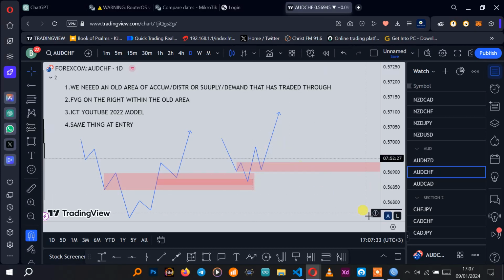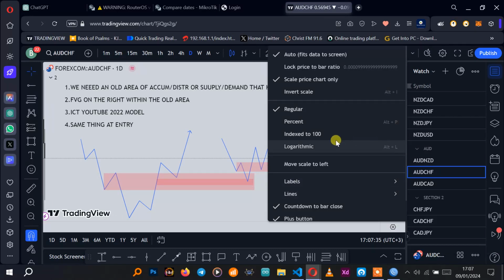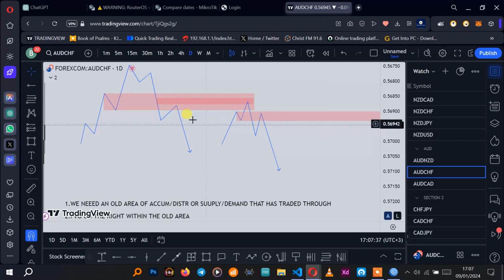The same thing will apply for our sell setup. We just look for these old areas where price went down, extend them out to the right, and wait for price to trade through them. Once price trades through them and starts retesting into them, you'll be looking for fair value gaps inside those areas, on the right.